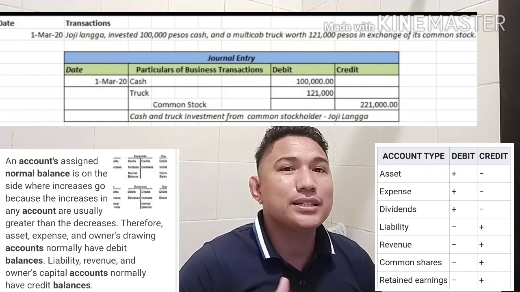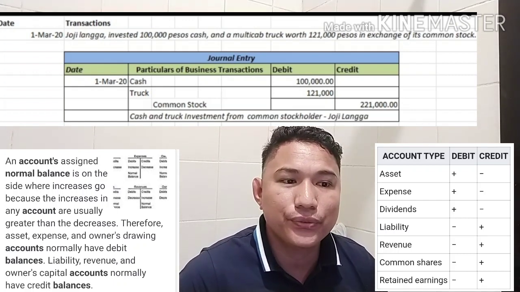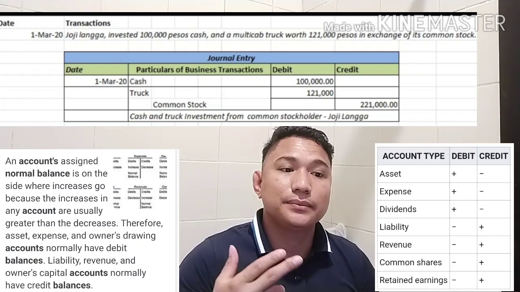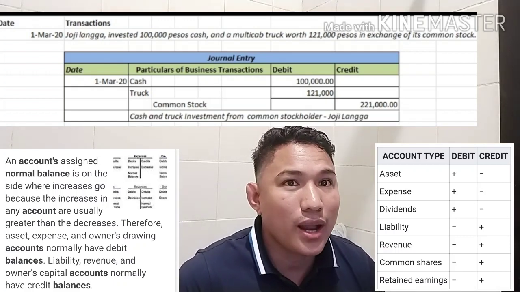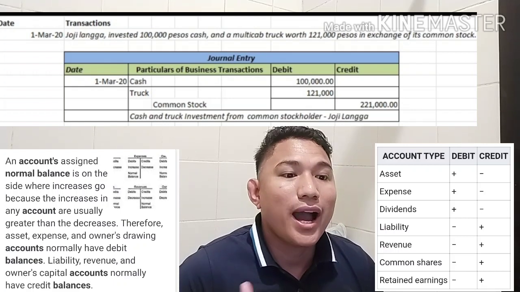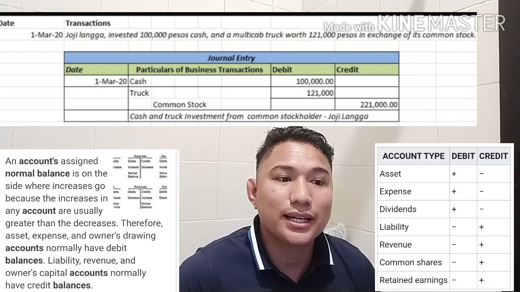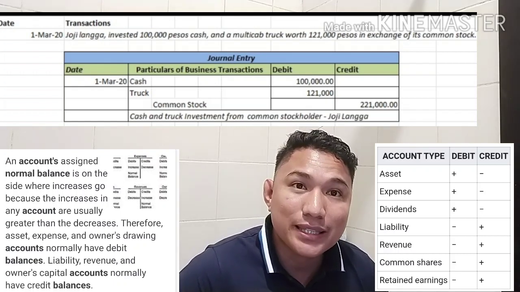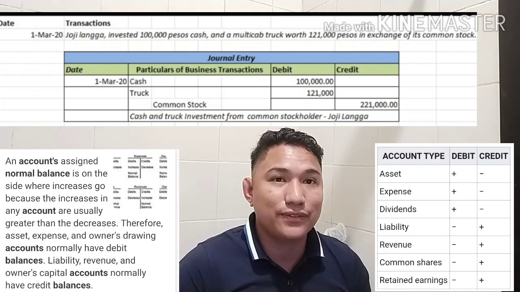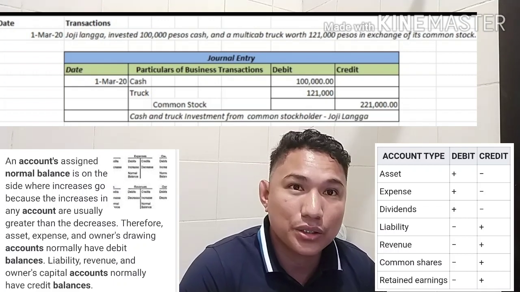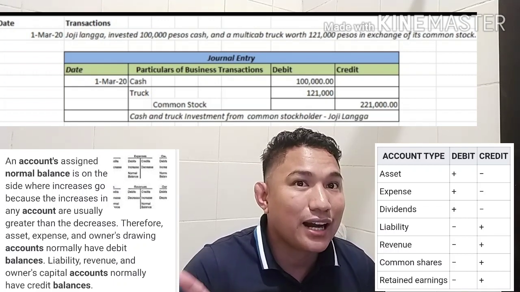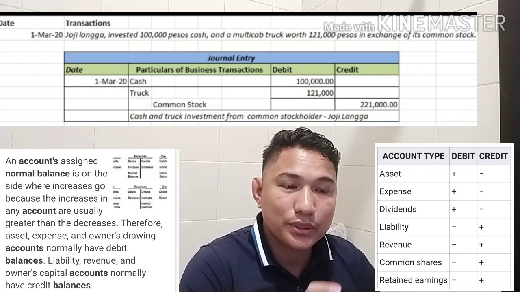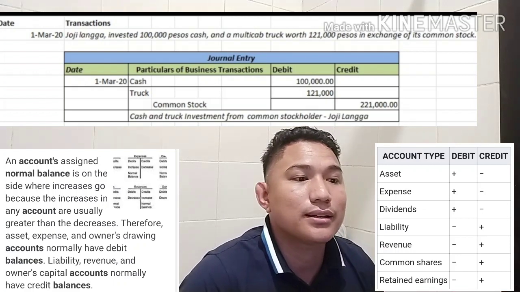What is the reason behind why we received this 100,000 and 121,000? I received this 121,000 and 100,000 cash because of the capital investment or equity investment by a common stockholder. Now we have to get an account in equity called common stock and put the amount of 221,000.